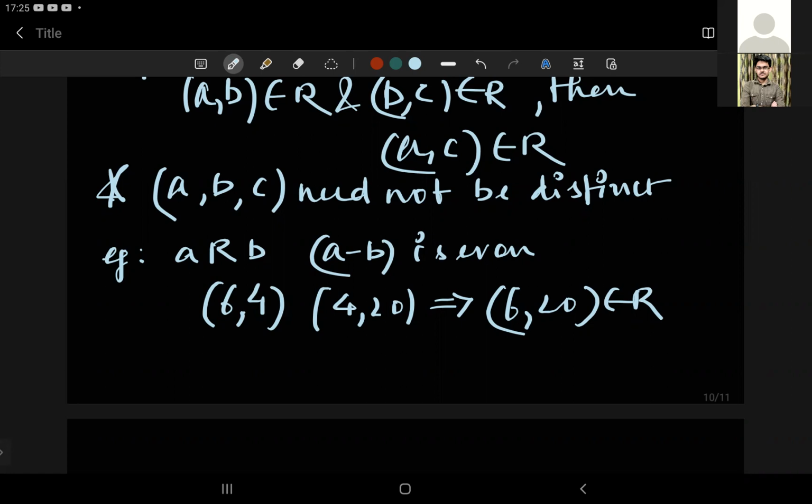Dada, does that mean that all the symmetric relations are transitive? How? Take an example and say.